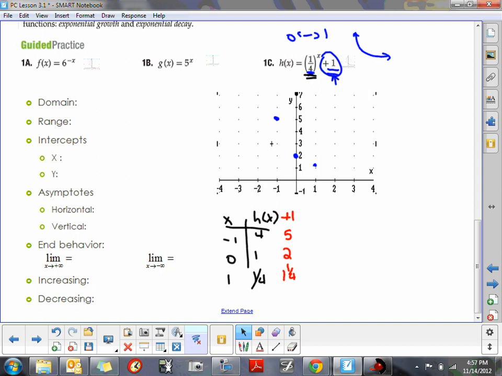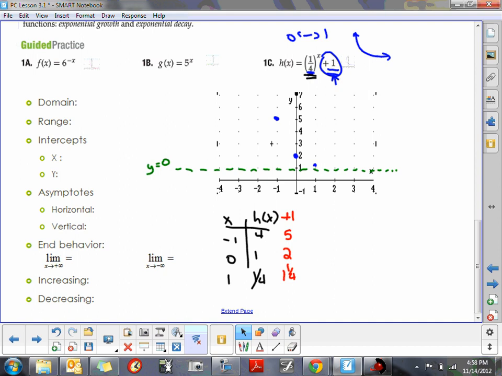One of the other key characteristics of every exponential graph is the location of the horizontal asymptote. In the last two examples, our horizontal asymptote has been on the x-axis, or at y equals 0. But as soon as we do a vertical translation, we're moving everything on our graph up 1 unit, which also means we move up our horizontal asymptote.